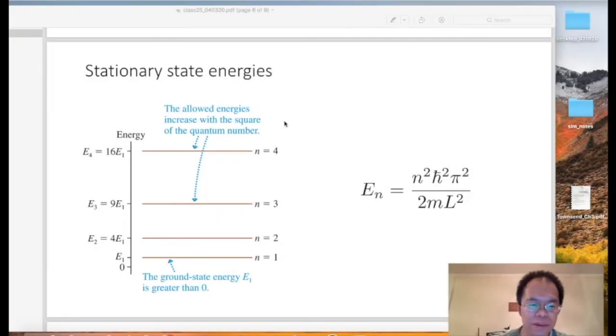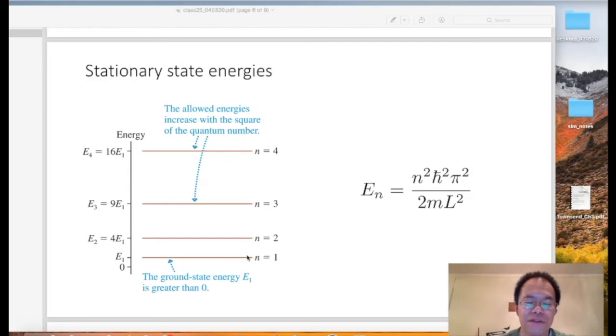So there are a couple of things I wanted to say about the expression for the stationary state energies, the E sub n, that we had just worked out on the board. One thing to notice is that the energy spacings aren't even. Well, first of all, we have discrete energy levels, which is a particular feature of quantum physics.